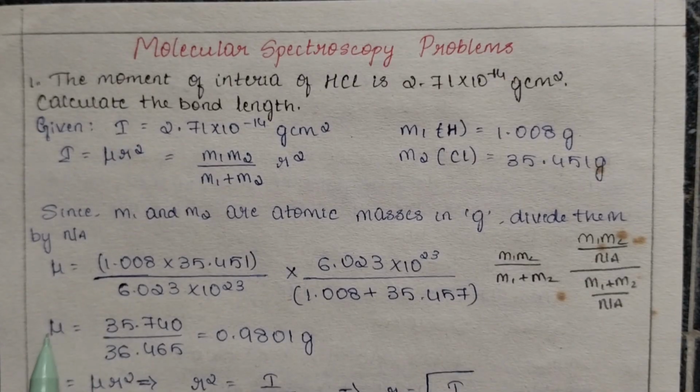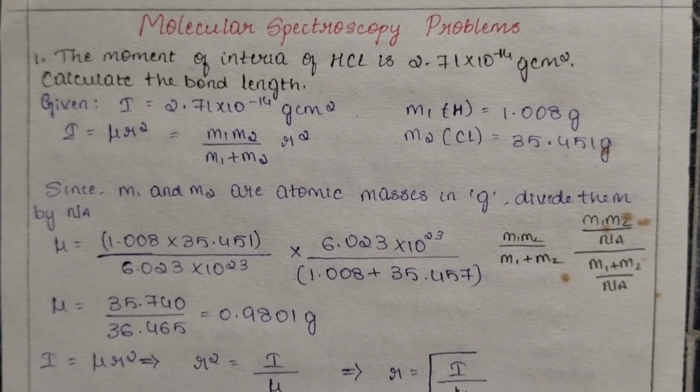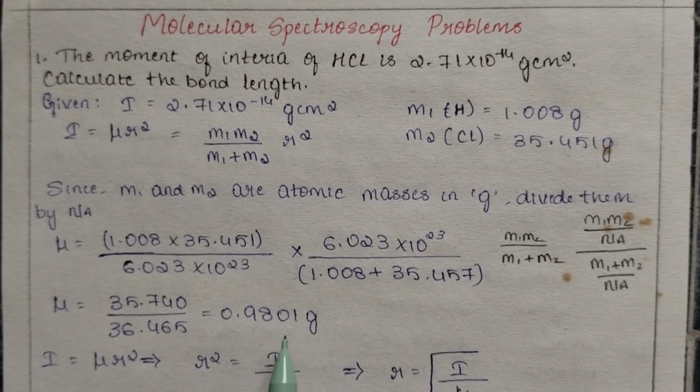And thus we'll get mu equal to 35.740 whole divided by 36.465. On dividing this, we'll get the reduced mass value as 0.9801 gram.